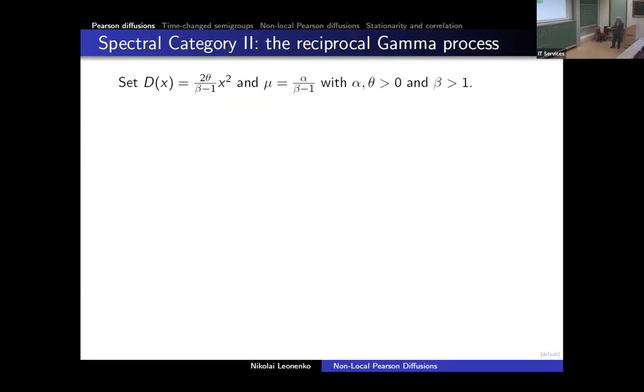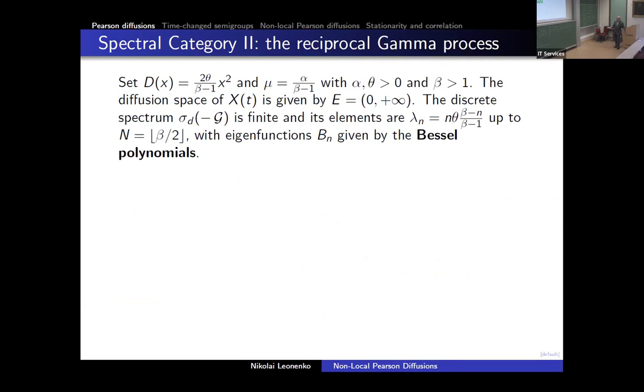The next case is reciprocal gamma polynomials. So basically, these polynomials we called Pearson-Dekker, and they were missed in the classical book of Szegő. He mentioned only two systems, but in fact, through this classification, we can see there is one more, which we call Pearson-Dekker because of the stationary distribution. Well, that's our name.